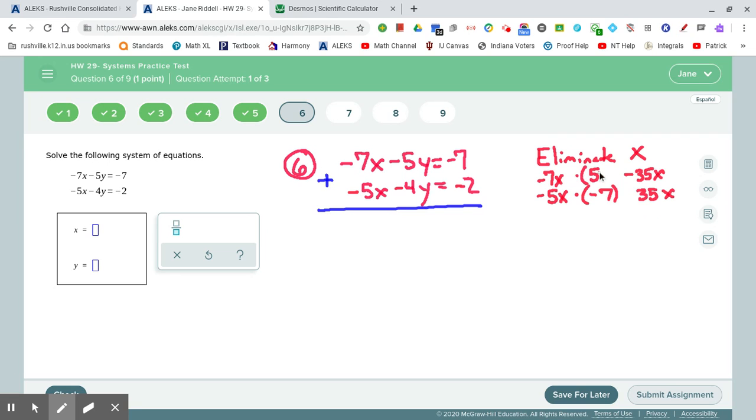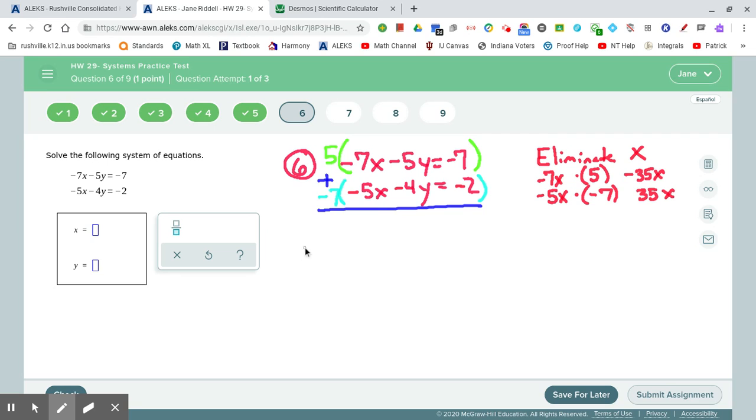All right, so my first equation, this negative 7, needed to multiply by 5. So I need to take my entire first equation and multiply the entire first equation by positive 5. And my second equation, I need to multiply everything by negative 7. All right, so let's go through and do that. And please use a calculator to help you with the arithmetic.